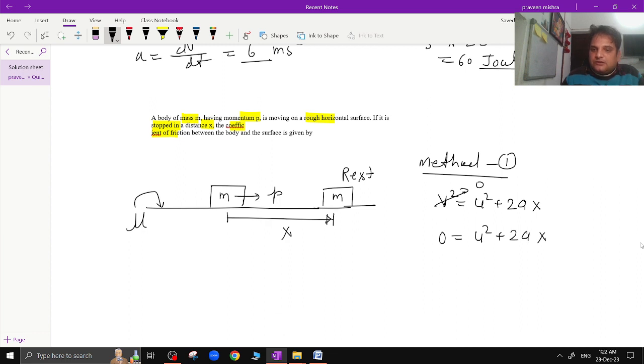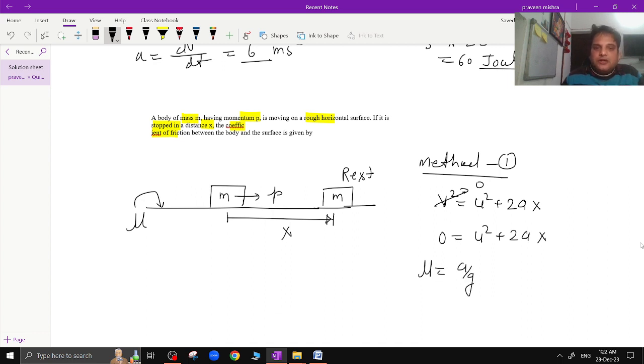So here it is not going to be accelerated, it is going to be deaccelerated. Once again, look here. Initially I gave you one formula that mu is equals to a by g, isn't it?